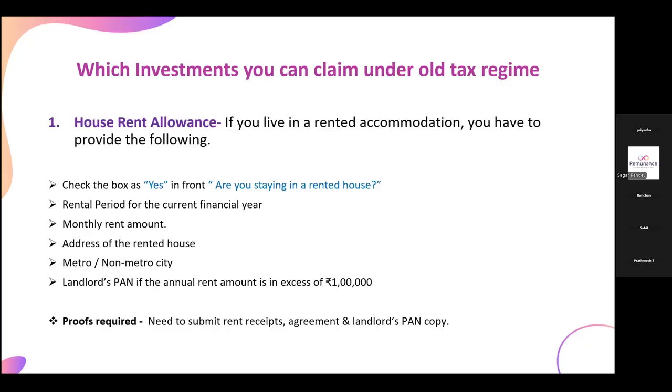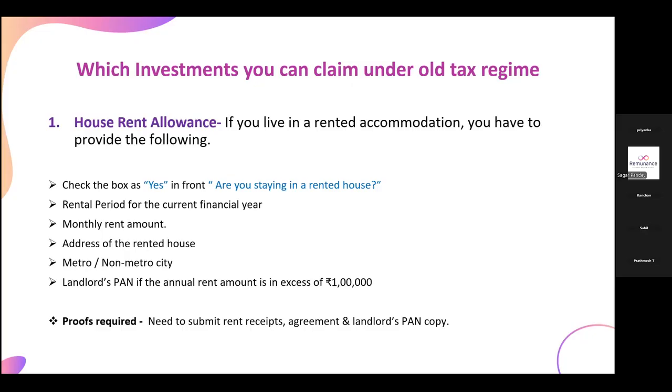Now we will see which investments you can claim under the old tax regime. So first is house rent allowance. Suppose you are living in a rented house property, you can claim house rent allowance. You have to just check the box as yes in front of 'are you staying in rented house', and then mention all the required details like rental period for the current financial year, monthly rent amount, and address of the rented house.